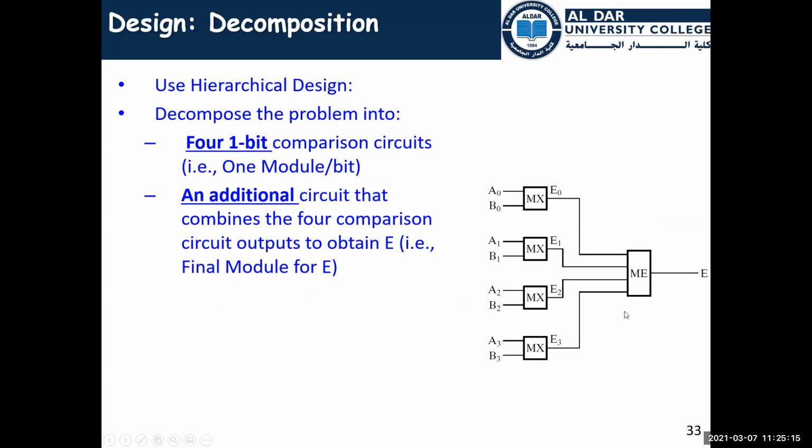And another one here to compare the output from the previous comparators. What we will design now, we just design the comparator circuit, just that. Make truth table for the comparator circuit, and then repeat the same design for the 4 comparators.